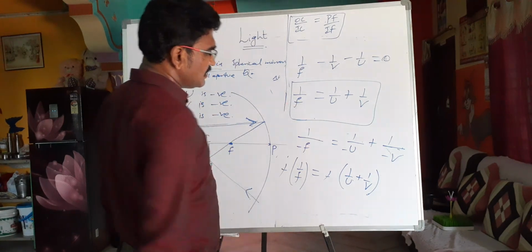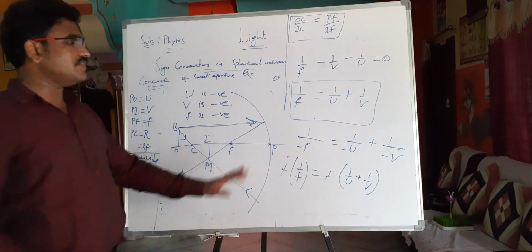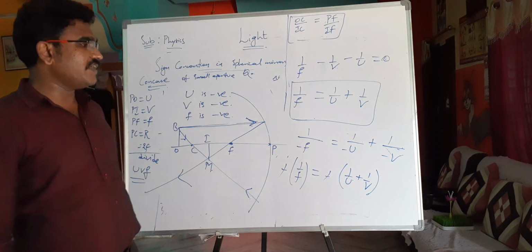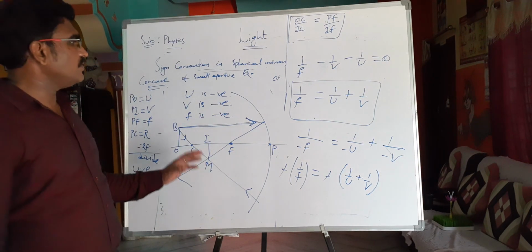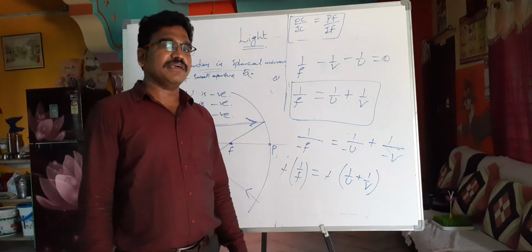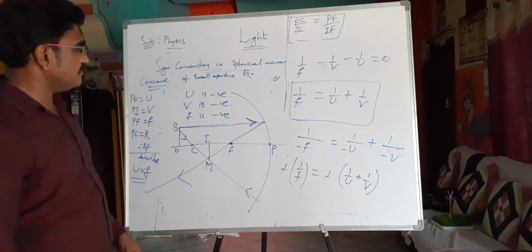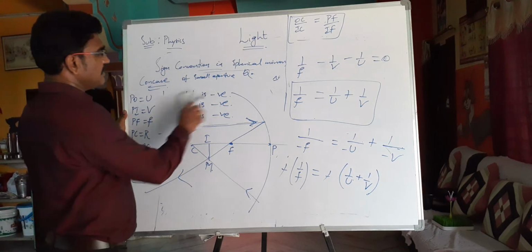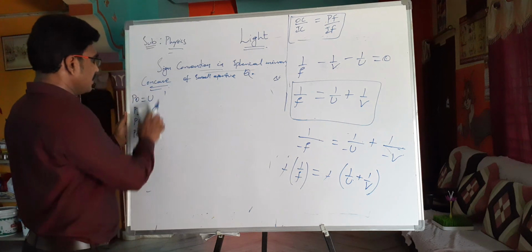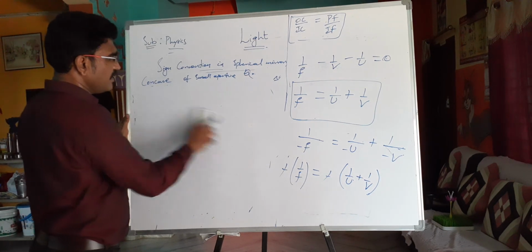Again you get the same equation, that is 1 by f is equal to 1 by u plus 1 by v. This is the final thing, the relation between u, v, f. This is very important whenever you are calculating these distances.